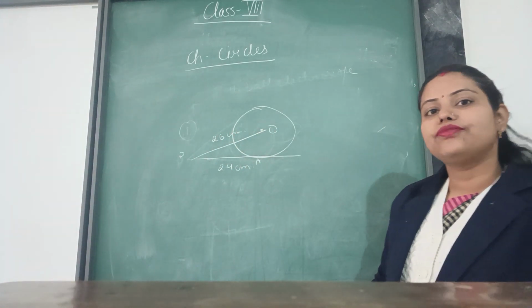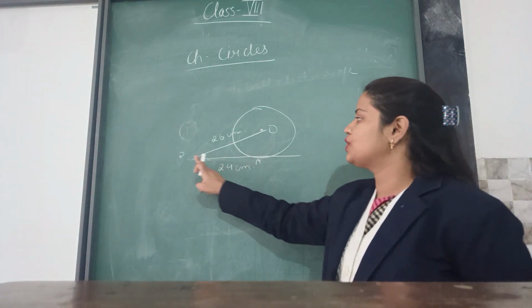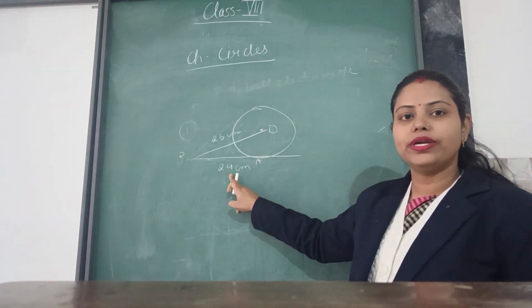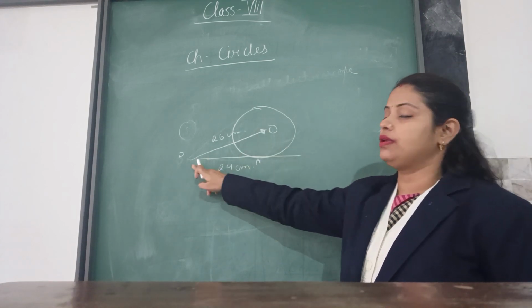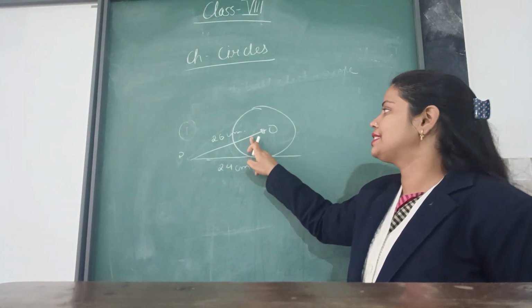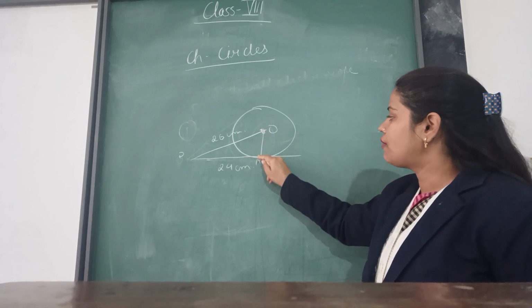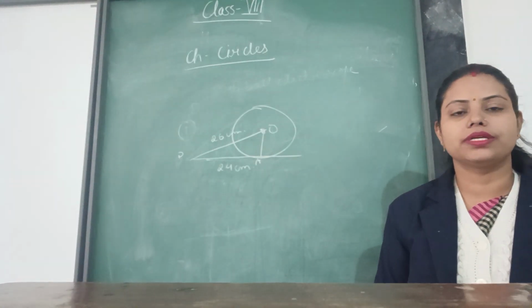So as we can see from the diagram, the length of the tangent AP is given to be 24 centimeter. The distance of the point P from point O is given as 26 centimeter. So then we have to find out the diameter of the circle.